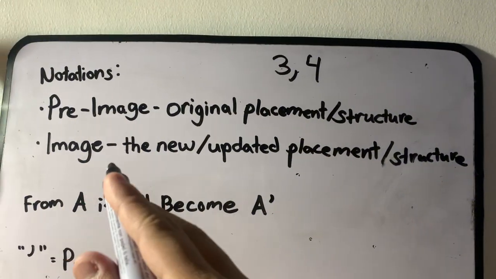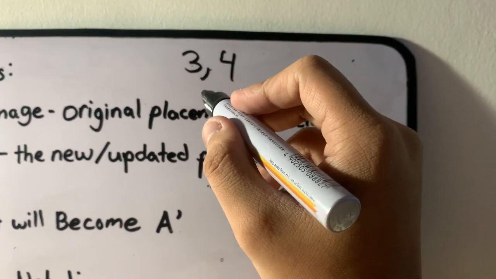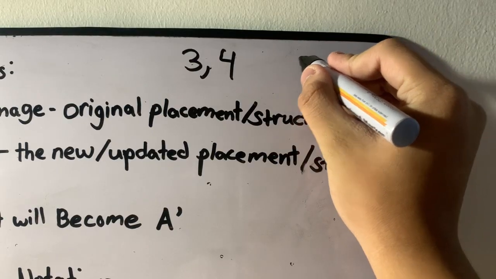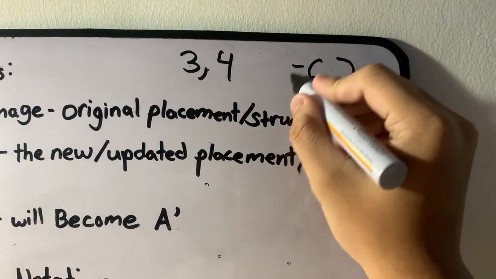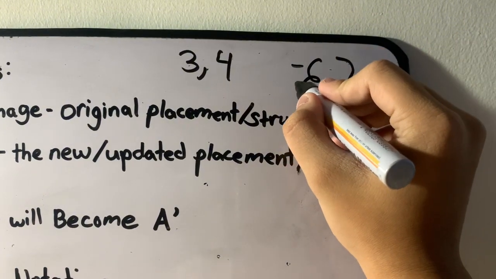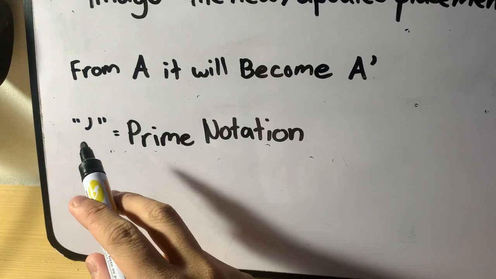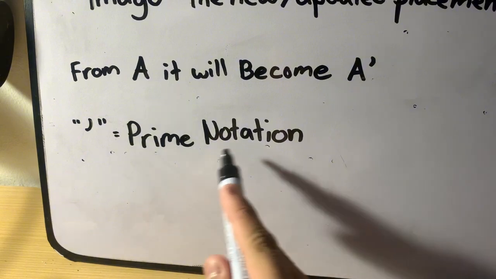Now the image, on the other hand, is the new and updated placement or structure of a polygon. Let's say from 3, 4 it got moved to -6, 7. This is what we call the new one, or the image. The notation we'll be using is the apostrophe, which we call the prime notation.